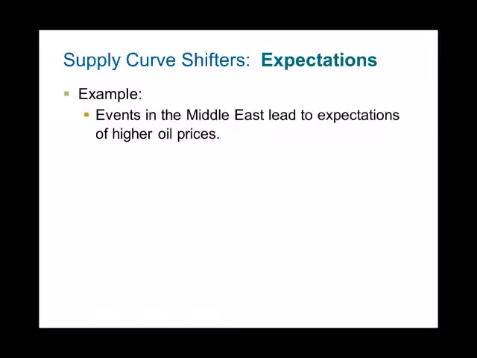Expectations. Supposing something happens in the Middle East that leads to expectations of higher oil prices. Maybe some kind of conflict is happening in the Middle East, so something bad might happen, and so we expect oil prices to rise in the future.